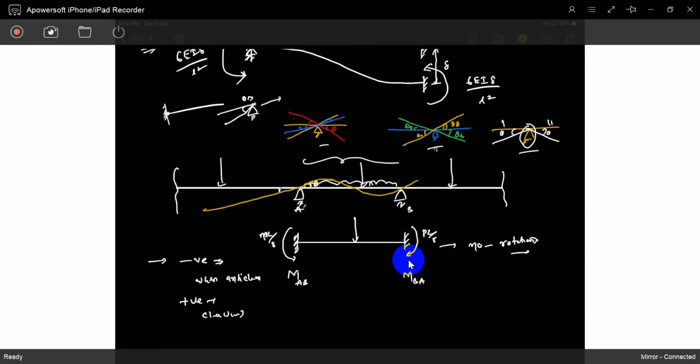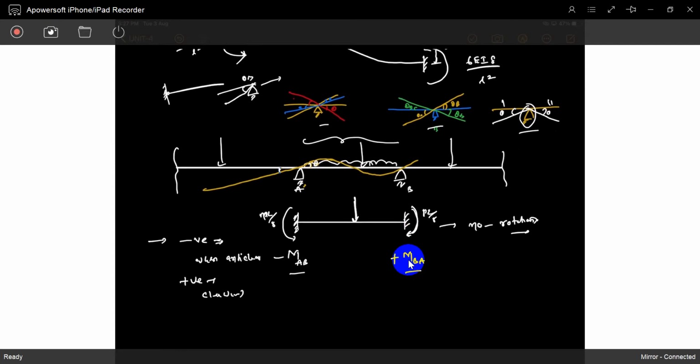Both are equal in magnitude, but this one is clockwise and this one is anti-clockwise. So this one is minus, and this one is positive, because clockwise is positive and anti-clockwise is negative. Just observe it.